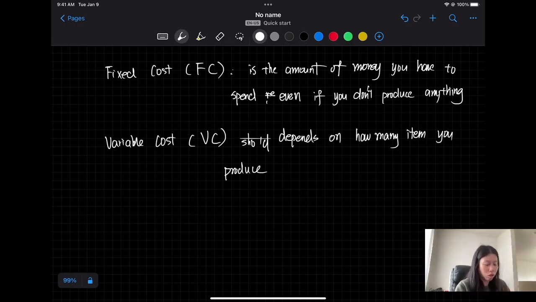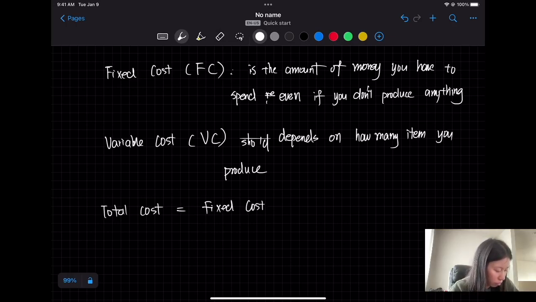So the total cost should equal the fixed cost plus the variable cost. So another one is the average cost.